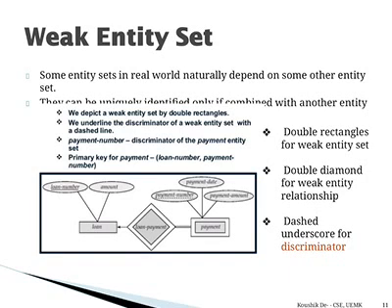Some entity sets in the real world naturally depend upon another entity set. As we know, it is denoted by a double rectangle for weak entity set, a double diamond for weak entity relationship, and a dashed underscore for the discriminator. Observe the slide.